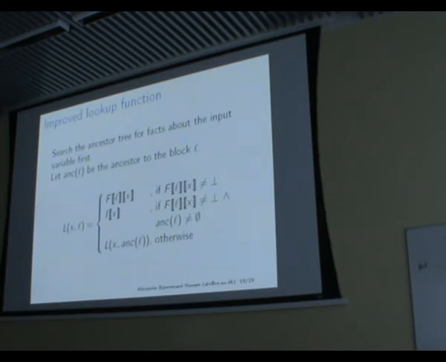If we don't have a value, and if we don't have any more ancestors in the SSA tree, then return the result from the global interval lattice. Or else look for the same value in the SSA ancestor of the L.